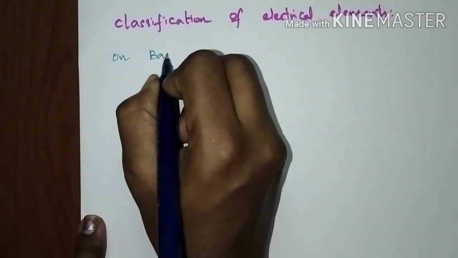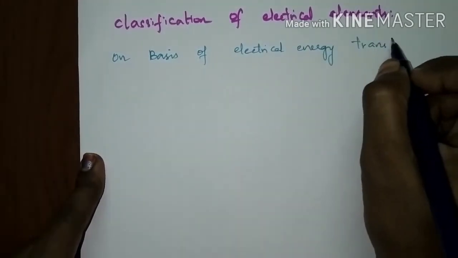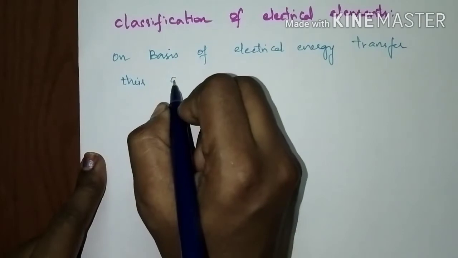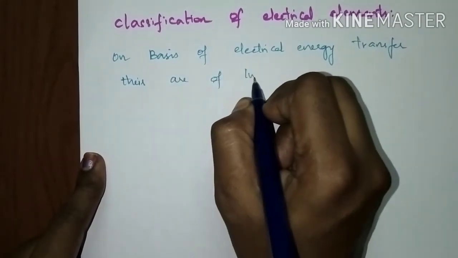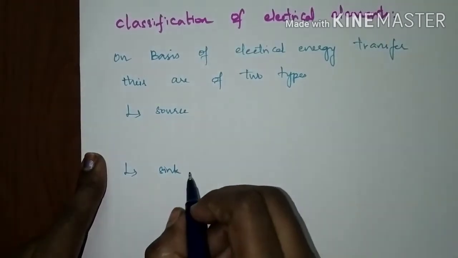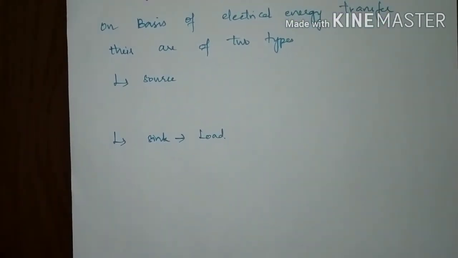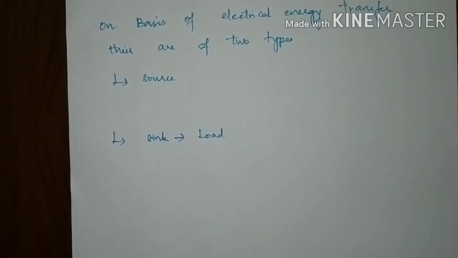On the basis of electrical energy transferred, the elements are classified into two types: source and sink. Sink can also be termed load. Source elements are the elements that provide supply in the electrical circuit.